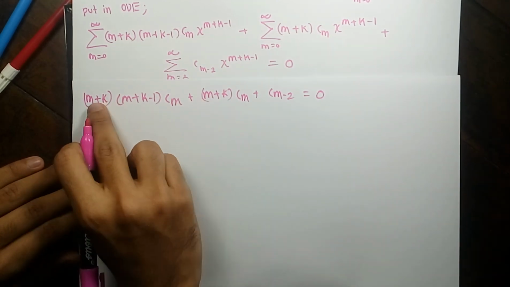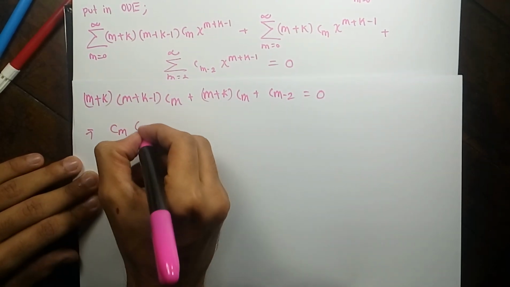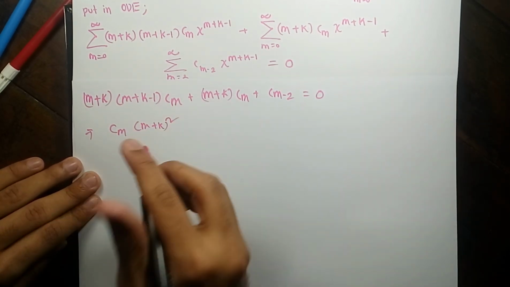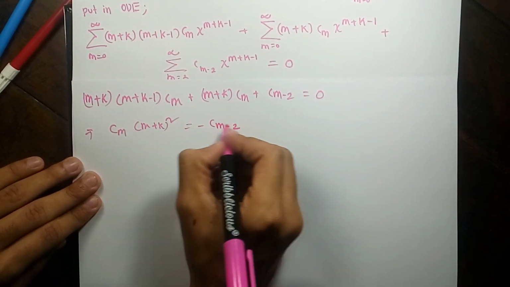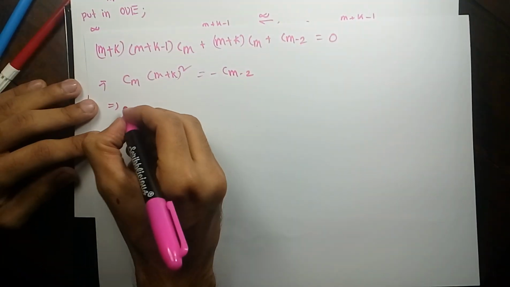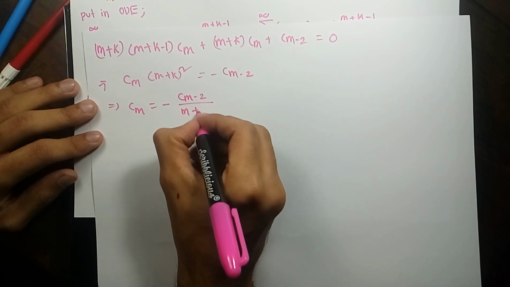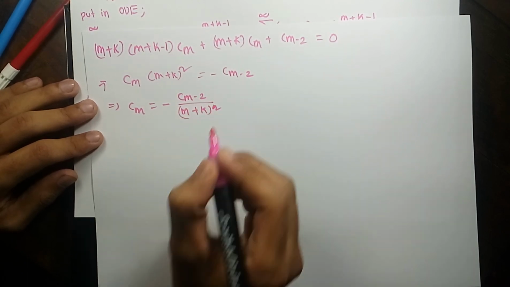If we take cm common, then I will get m plus k and m plus k minus 1 plus 1. So that means m plus k whole square cm equals to minus cm minus 2, and cm will be equal to minus cm minus 2 over m plus k square.